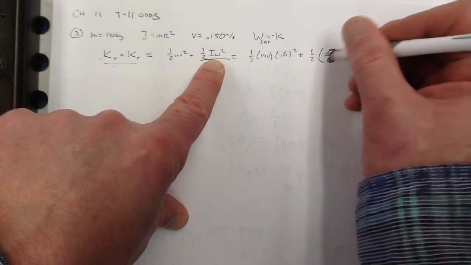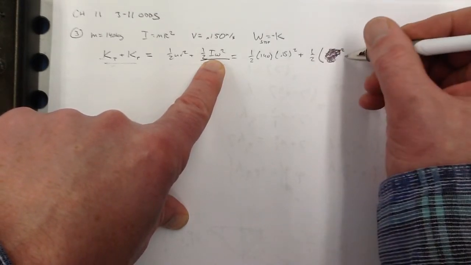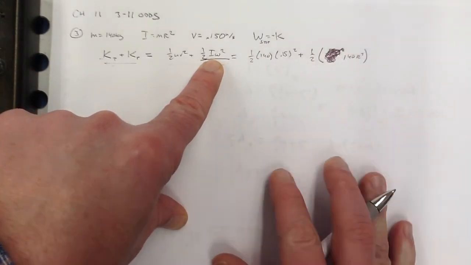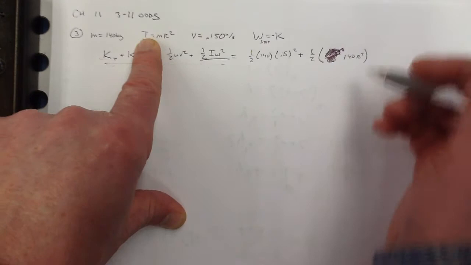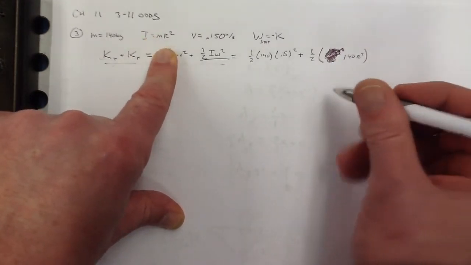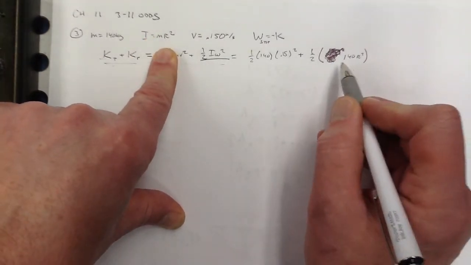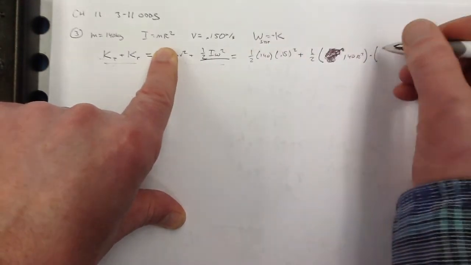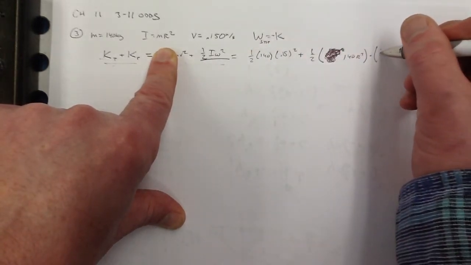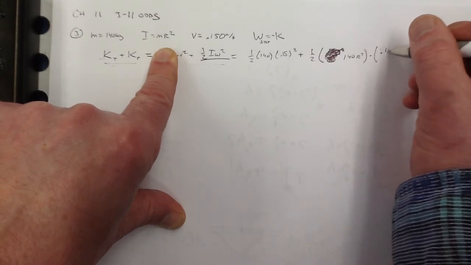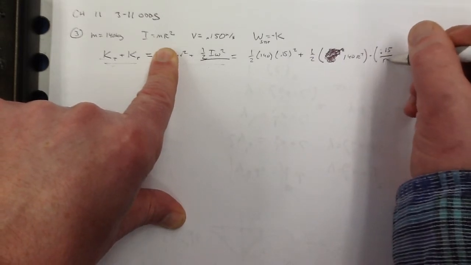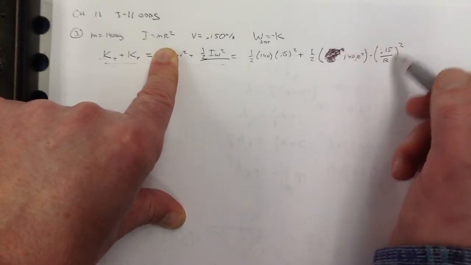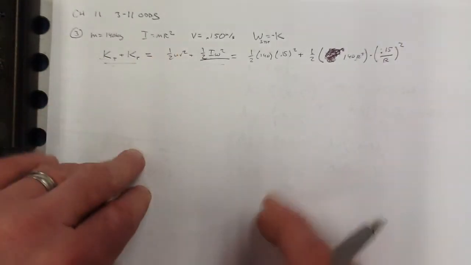Oh, my goodness. Mr squared. There we go. Sorry about that. Can't talk and do physics at the same time, I guess. 1/2 I omega squared. Omega is v over r. There it is. So the r squareds cancel out.